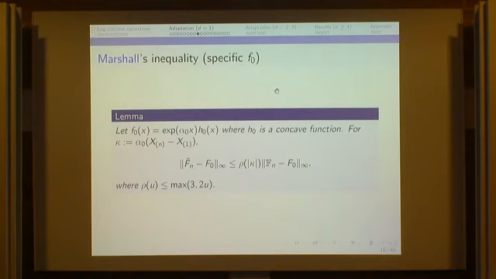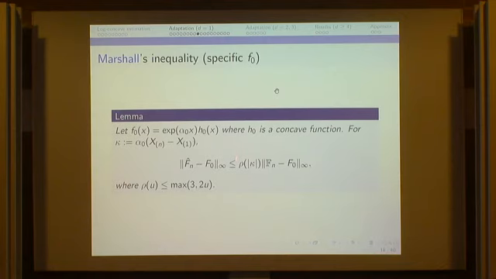So for some specific f0, whose shape is weird at first, e to the alpha 0 times x times some concave function, for this type of density we at least have Marshall's inequality, but with the multiplicative factor rho here.